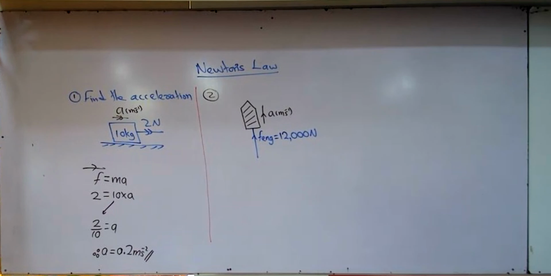A rocket is moved vertically upward by the vertical force given by its engine. If the force given by the engine is 12,000 Newton and the mass of the rocket is 1,190 kilogram, find the acceleration of the rocket.